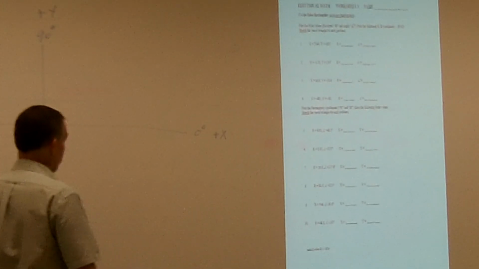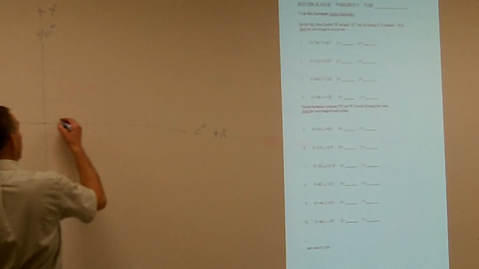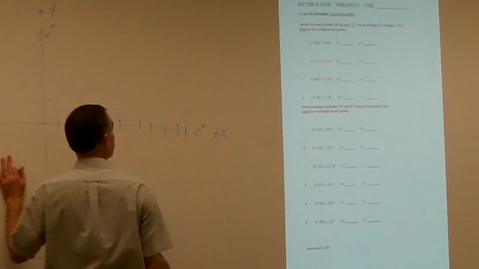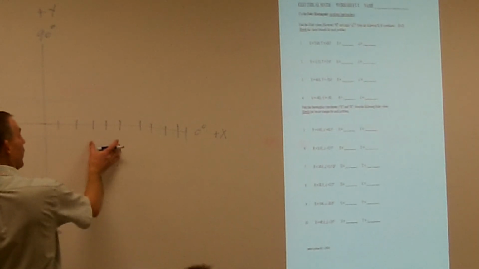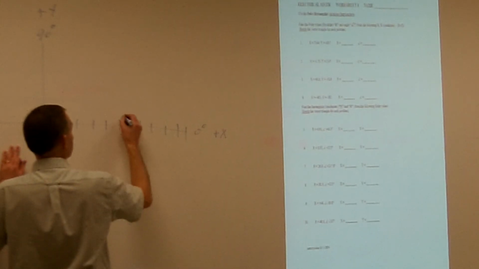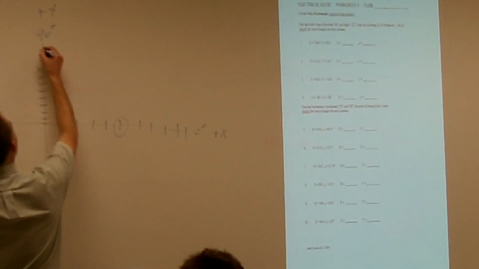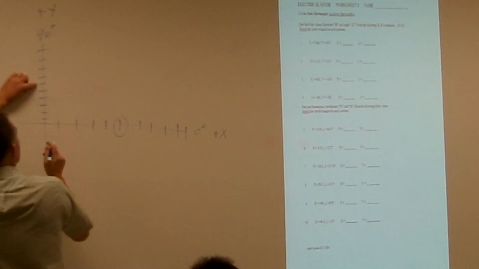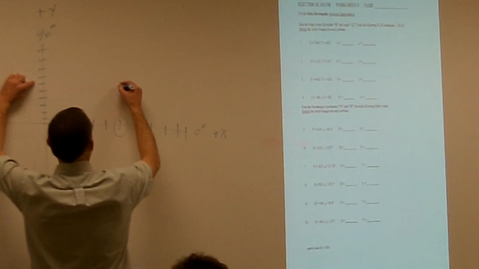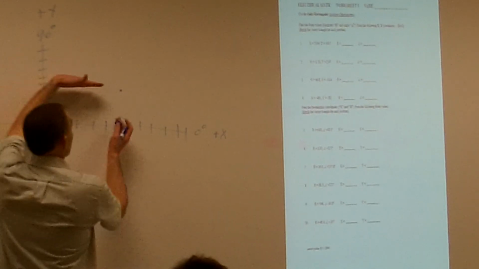So if I know I have a certain x value of 5, which is this one right here, and a positive y value of 5, somewhere about here, I would draw a dot where those two numbers intersect.